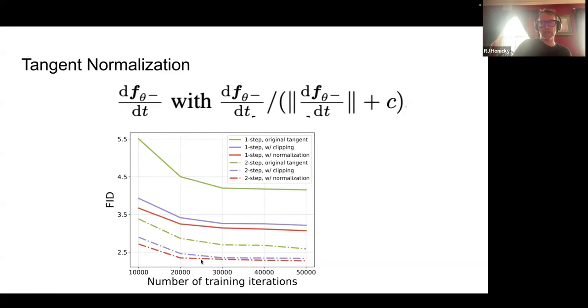And you can see that with either 2 steps or 1 step in our consistency model, we do better if we have normalization. Maybe clipping might be good enough, because it's obviously cheaper than doing this normalization here.